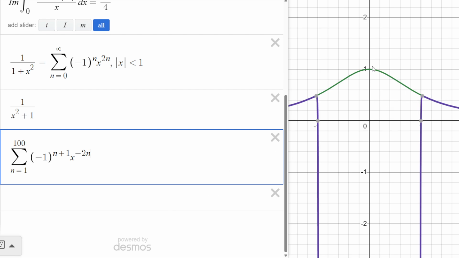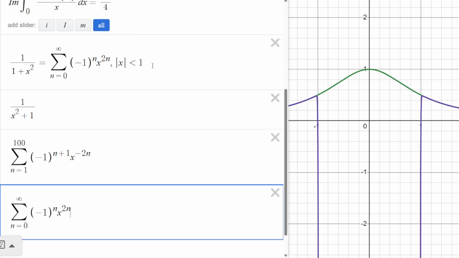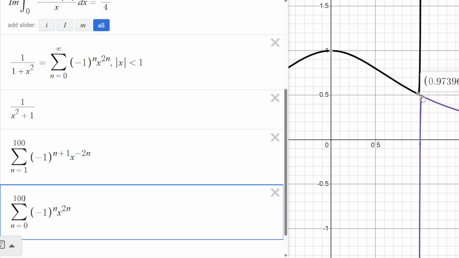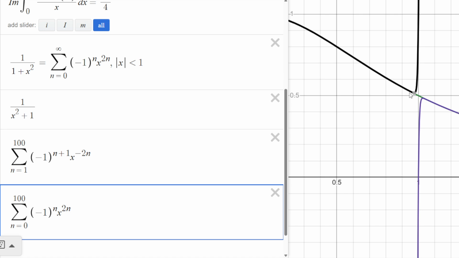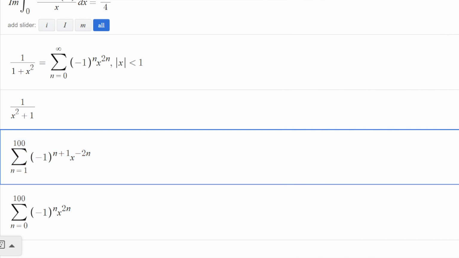See? We have the rest of the 1 over x squared plus 1 graph right here. And if we copy this down, we have the entire thing except at x is equal to 1. We have the whole graph of 1 over x squared plus 1 except for the x is equal to 1 part. Okay. So let's get rid of that graph right here.